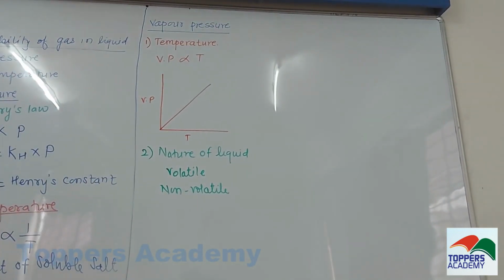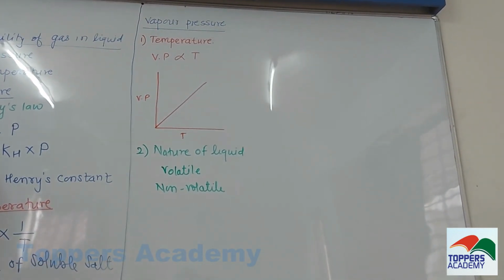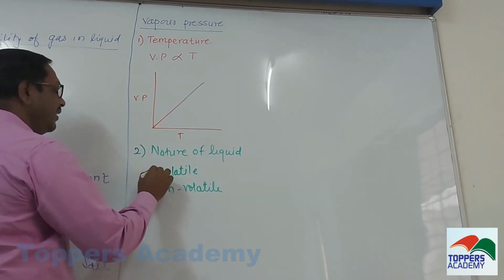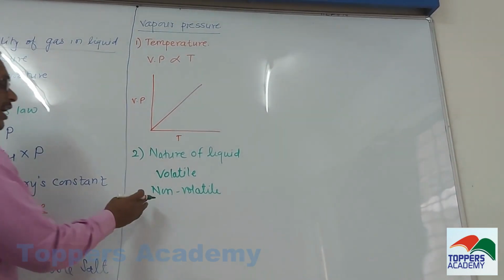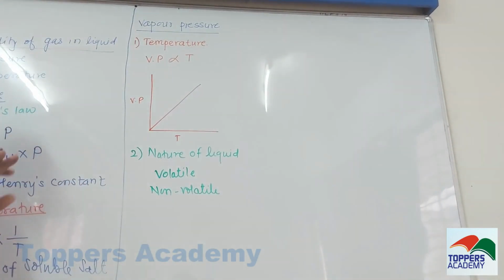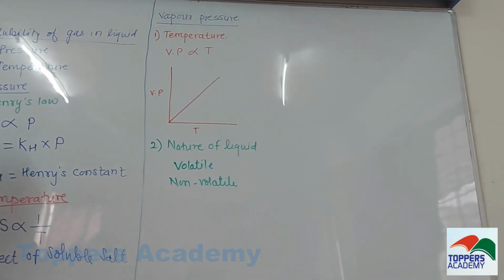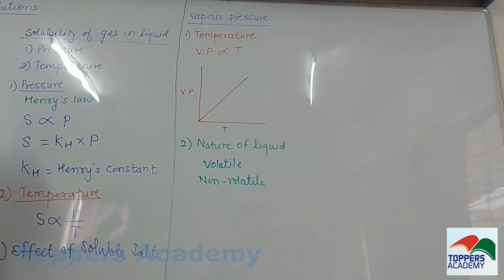What is a volatile liquid? A volatile liquid is a liquid which is easily converted to the vapor state, and a non-volatile liquid is one which does not convert to the vapor phase very easily.